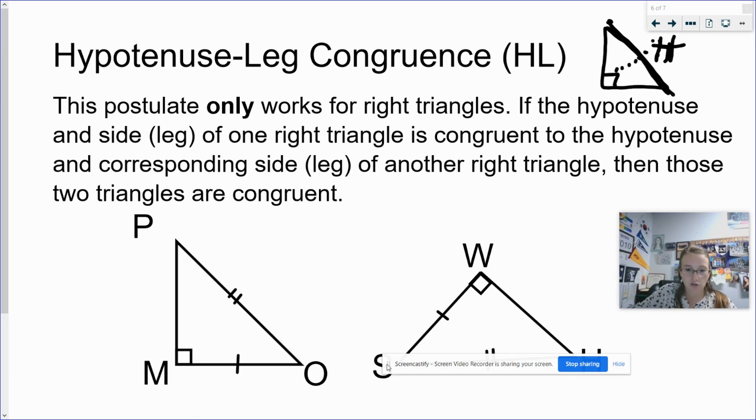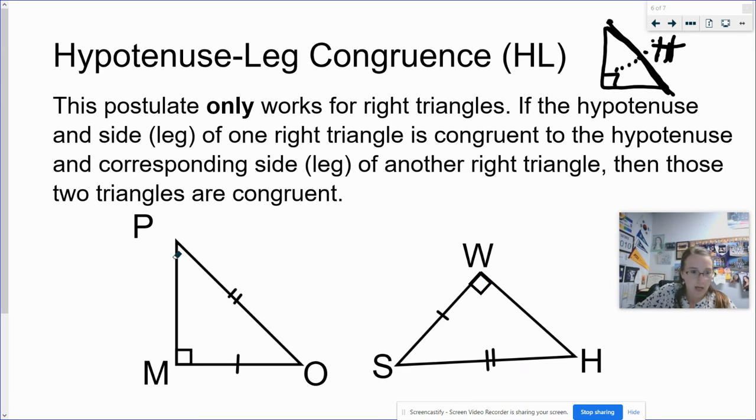So notice on these triangles here, here's my right angle, across from it is marked. That's the hypotenuse. And what we call a leg: we call the sides of a right triangle that are not the hypotenuse legs. So we have the hypotenuse marked and a leg marked.